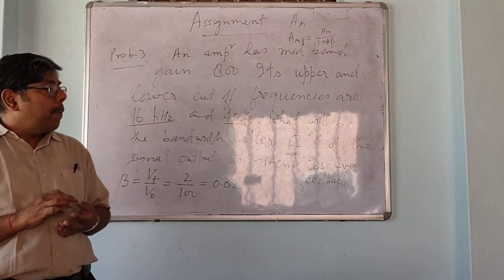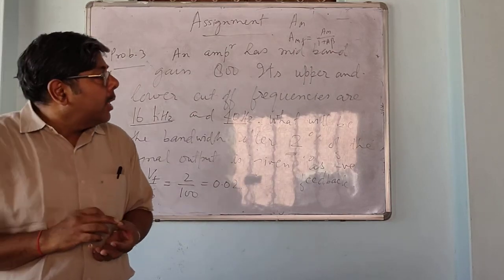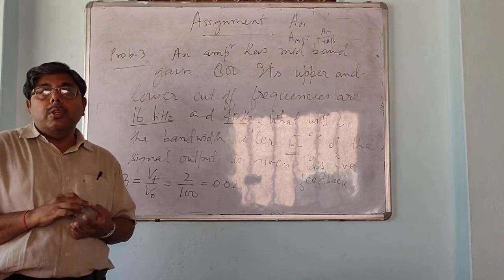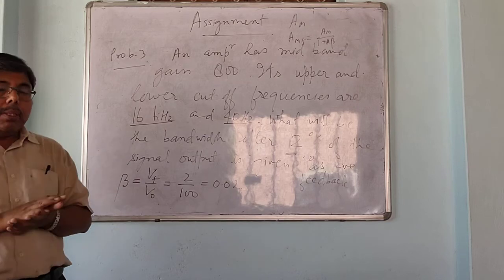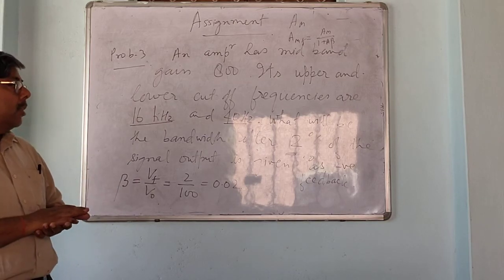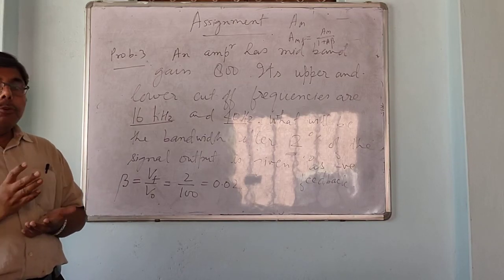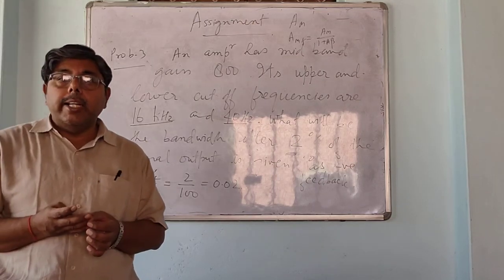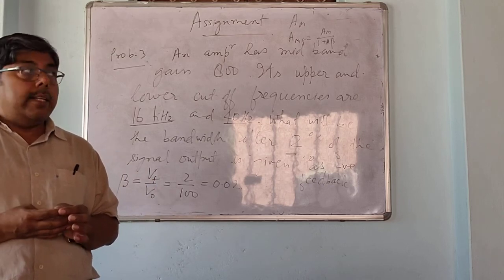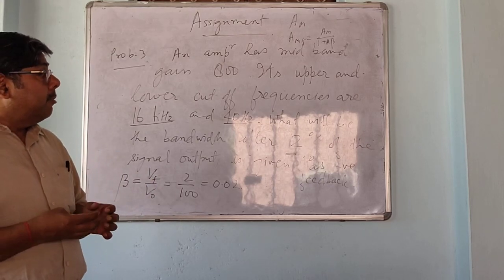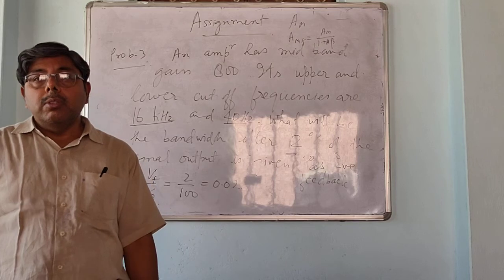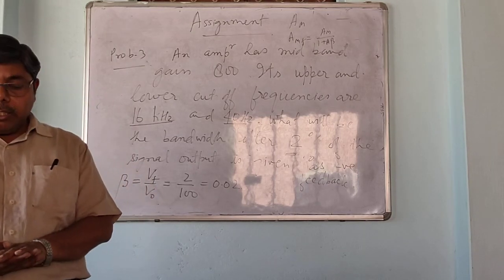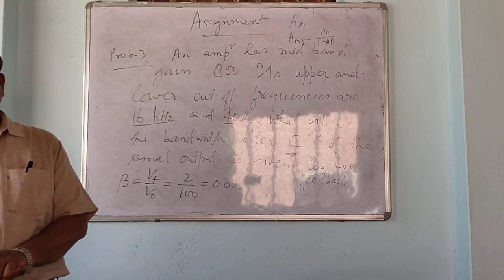And one is the reduction of the effect of noise. So these are all the properties of feedback amplifiers, and we can use any of four topologies based on the four basic amplifiers: voltage amplifier, current amplifier, transconductance, and transresistance. Then we have taken a few numerical problems. So this is all about feedback amplifiers. In the next term we will discuss oscillators. Thank you.